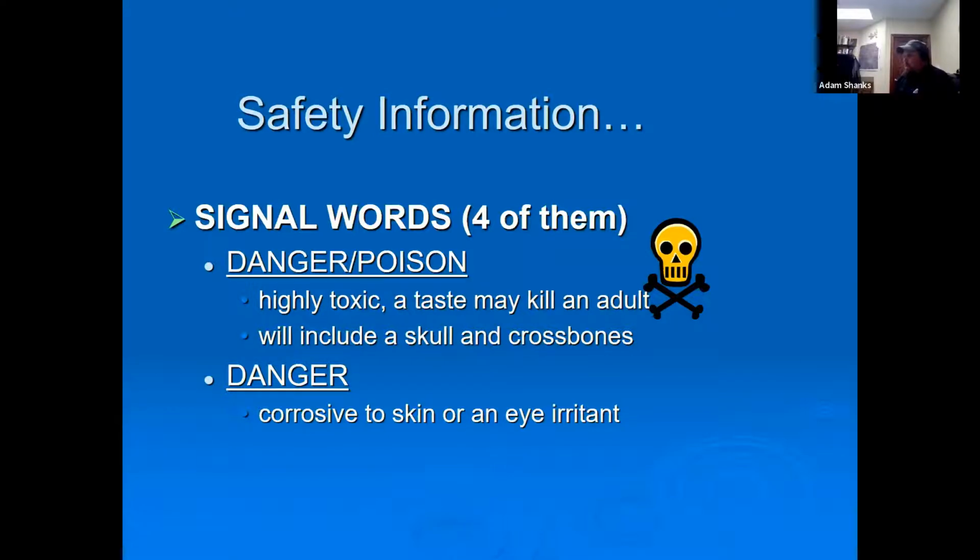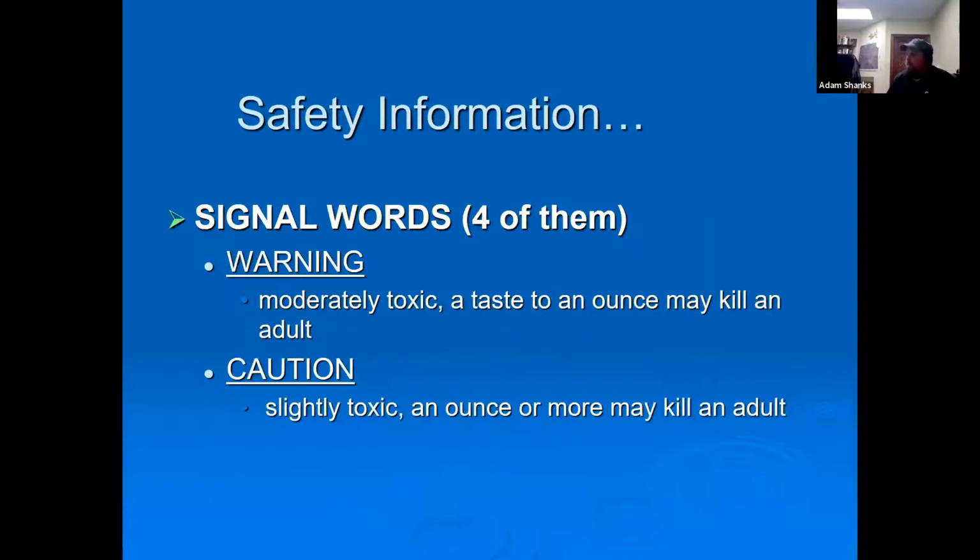It takes a very little bit to be toxic to a human. Then just a step below that is danger, corrosive to skin, or an eye irritant. Most of these products will be a restricted use product, so you'll have to have a special license to buy and apply most of these types of products.